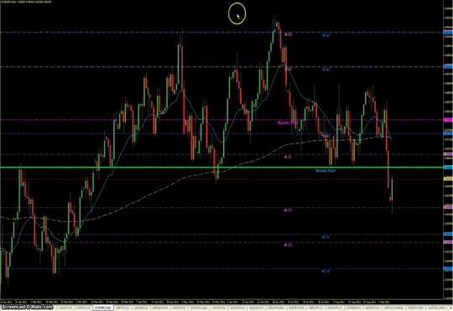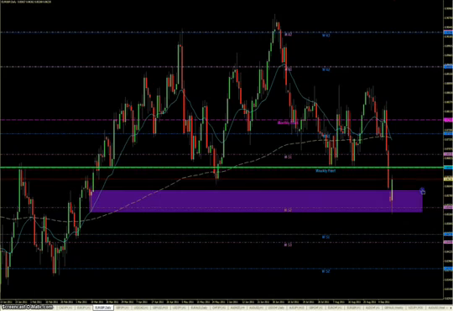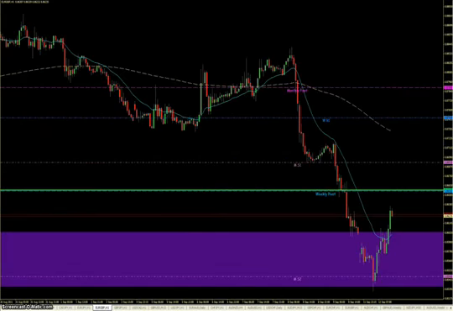And you can mark that off back here from some pretty solid demand right here. Some good old Sam Seiden demand analysis, right? There it is. We go back down to the 4 hour, back down to the 1 hour, and you see that there's a good chance that we can have a run back down here, grab some extra buyers to give us the push through to get up to here.